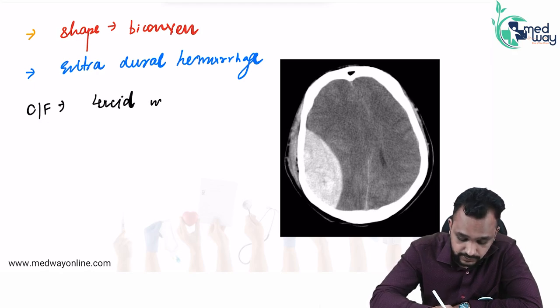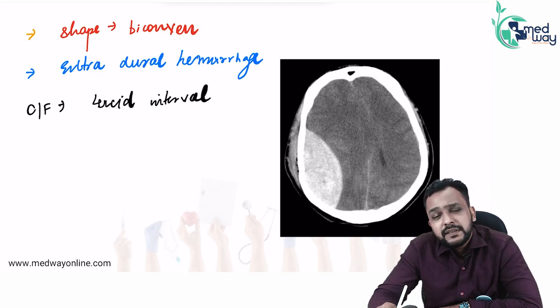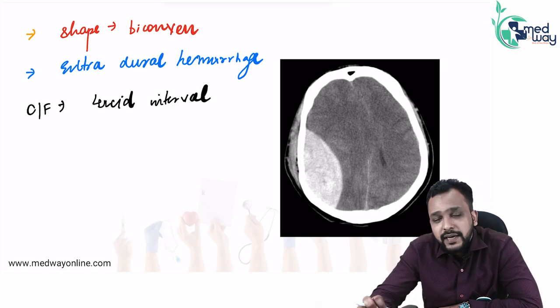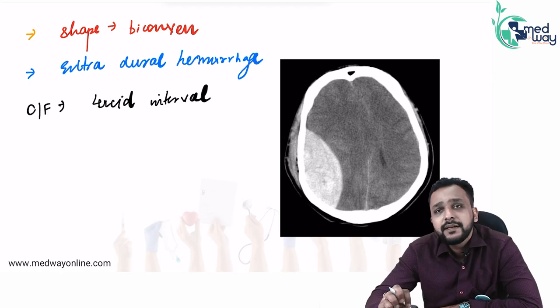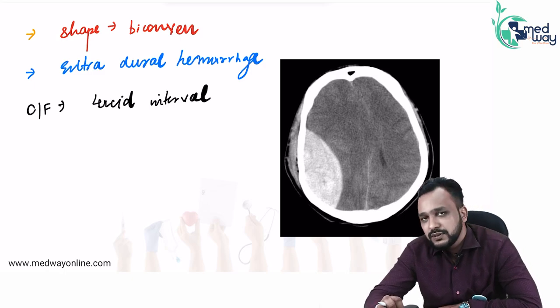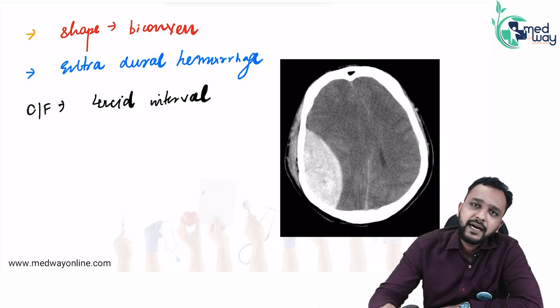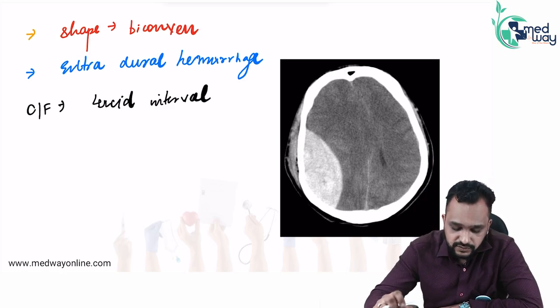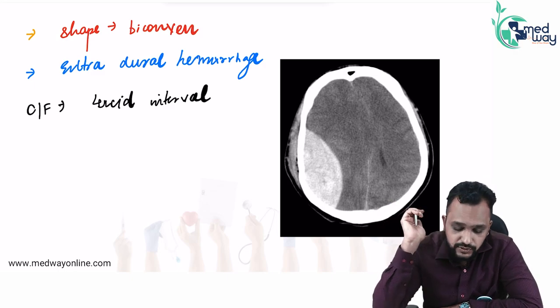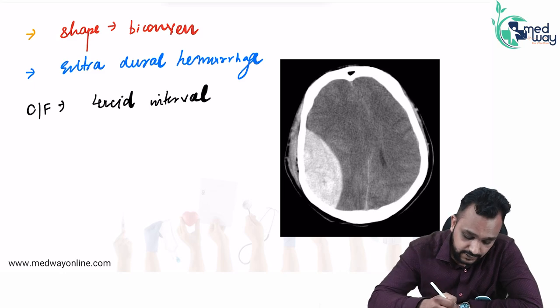So what is a lucid interval? The patients will be unconscious at the time of injury. Then they will regain consciousness momentarily or for a short period of time. Then after regaining consciousness, they are again going to lose consciousness. The period in which the patient is conscious is known as the lucid interval.